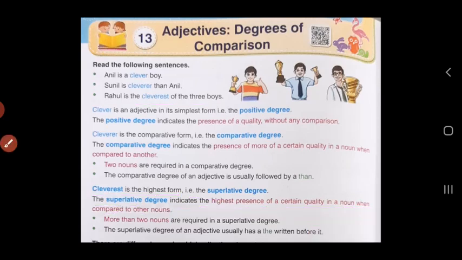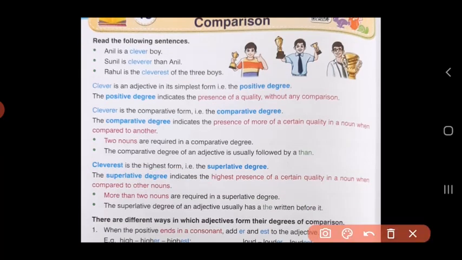Now children, remember, for superlative degree you require more than 2 nouns. The superlative degree of an adjective usually has a the written before it. So before cleverest you have the. These are the 3 forms of degrees of comparison: positive degree, comparative degree, and superlative degree.